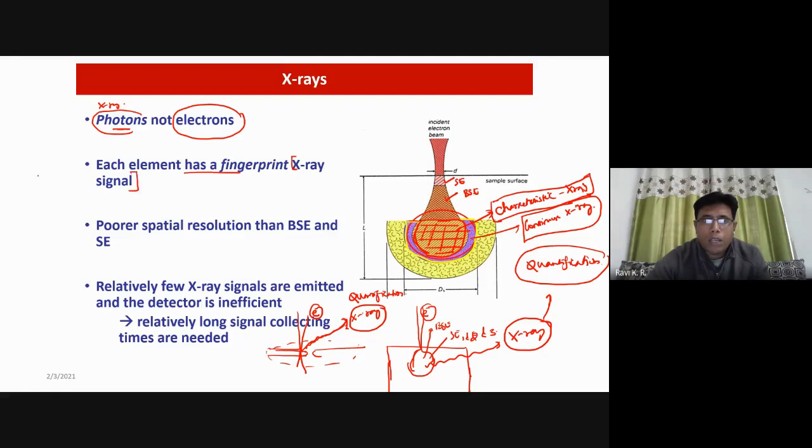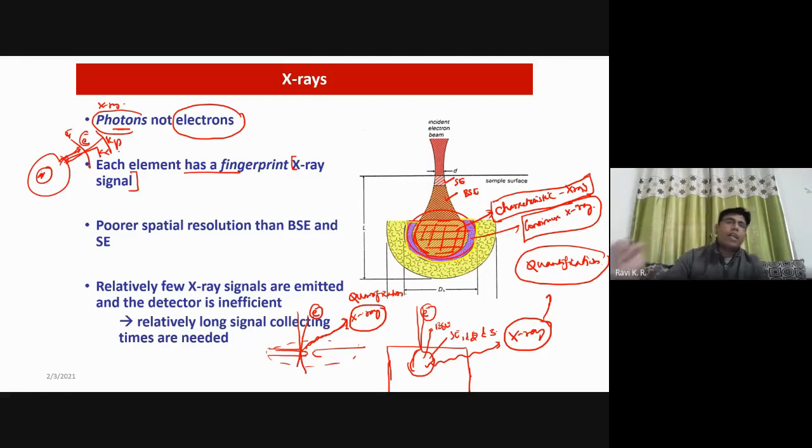Here you knock off an electron from the inner shell. So let's say you knock off the electron from the L shell, and an electron moves to the K shell. That is what we call K alpha. If this electron moves from the M shell, we call it K beta. Similarly, if you knock off some other electron, you'll see in the next slide.